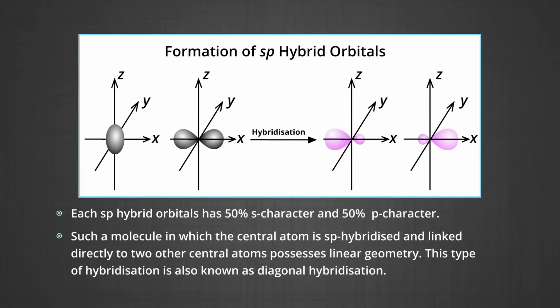This type of hybridization is also known as diagonal hybridization. The two sp hybrids point in opposite directions along the z-axis with projecting positive lobes and very small negative lobes, which provide more effective overlapping, resulting in the formation of stronger bonds.